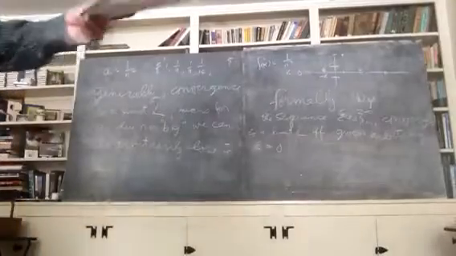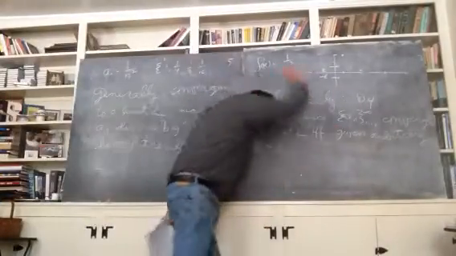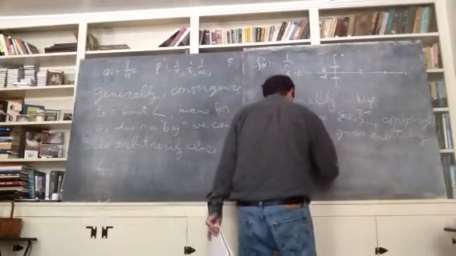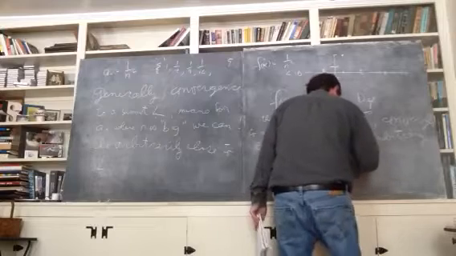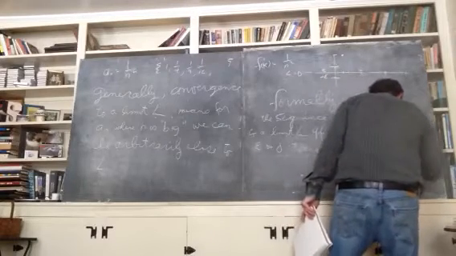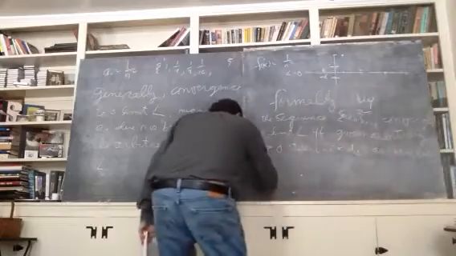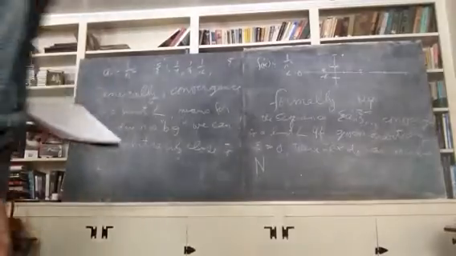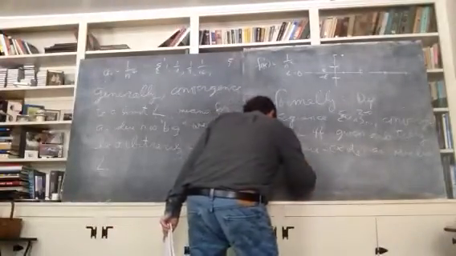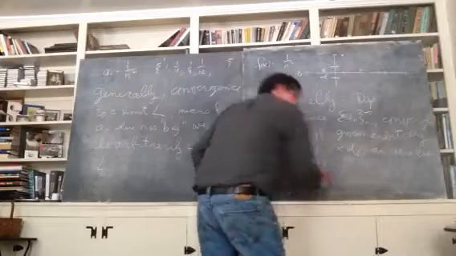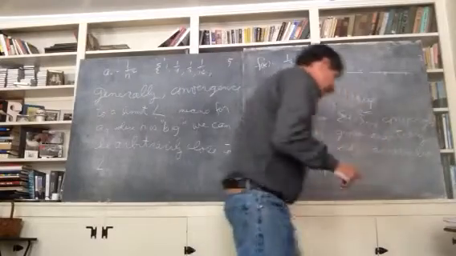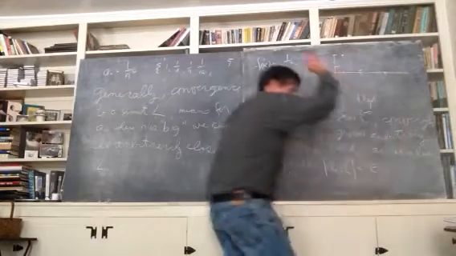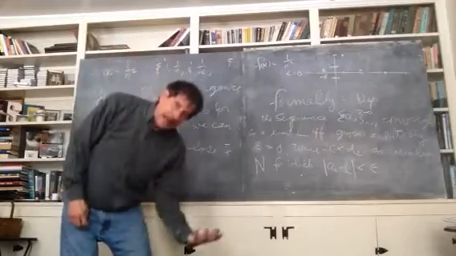Then if you're given any epsilon greater than 0, there exists a number, which we'll call capital N, such that the absolute value of A sub n minus L is less than epsilon for n sufficiently large.